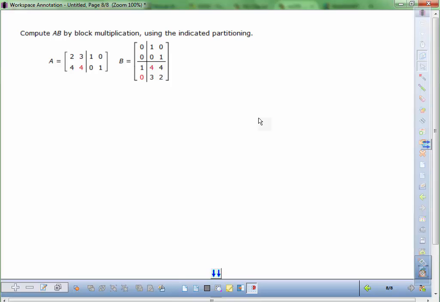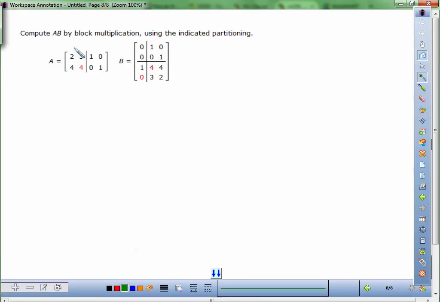What we're going to do here is label each of our partitioned matrices with capital A sub stuff, and since the partitioning for A gives you two elements in one row, it looks like it gives you a submatrix of 2 by 1.